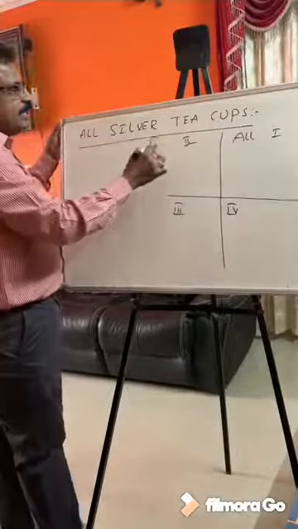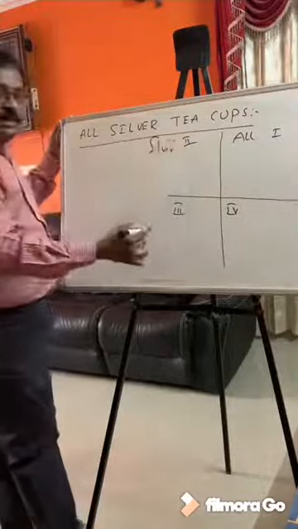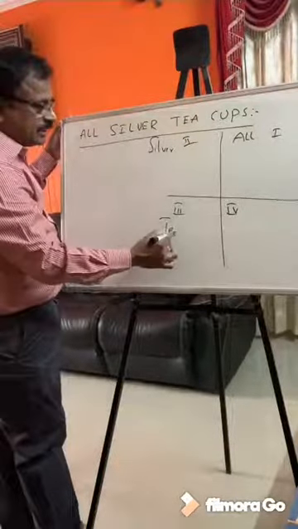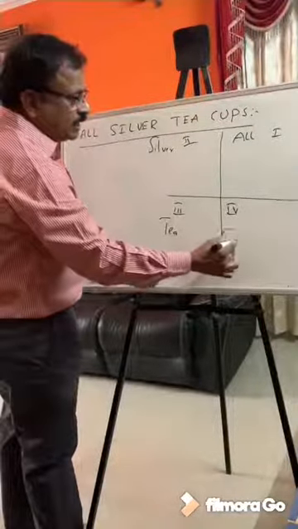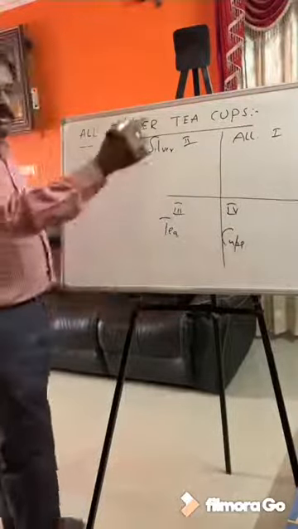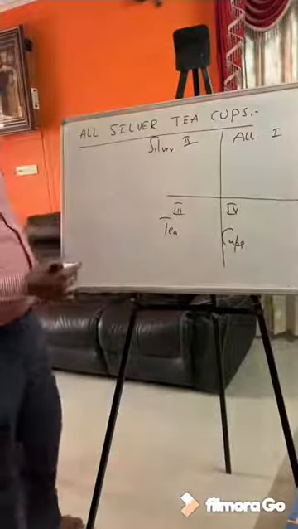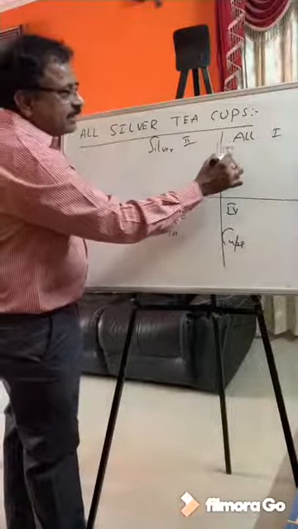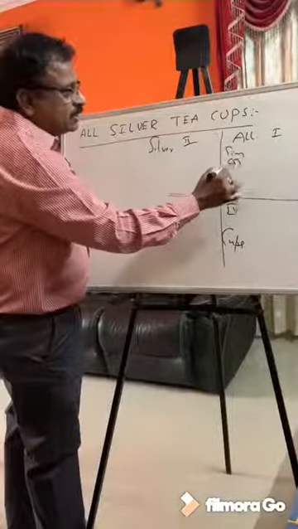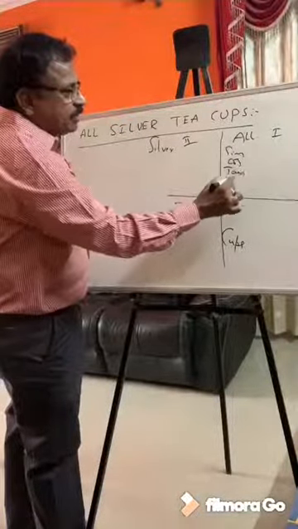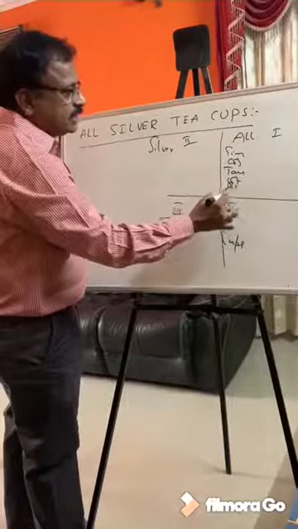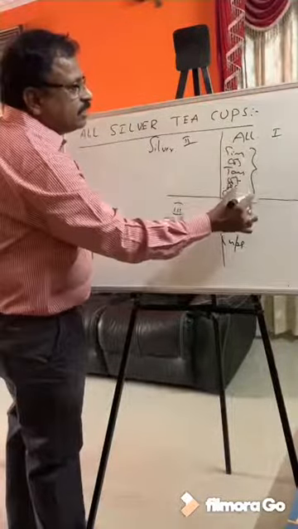In second quadrant, it is silver. In third quadrant, it is tea. In fourth quadrant, it is cups. All silver tea cups. In first quadrant, all are positive: sine, cos, tan, cot, secant and cosecant. All are positive.